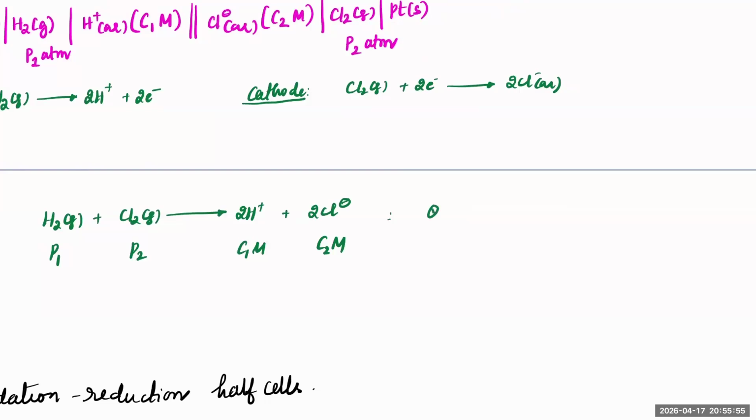Usually when you write the reaction quotient Q, it is the product concentration divided by the reactant concentration. Now, if there is a gas, you'll always express only its partial pressure. So this will be C1 into C2 divided by P1 into P2, whole square for the concentrations, C1 square and C2 square. So this is the Q value.